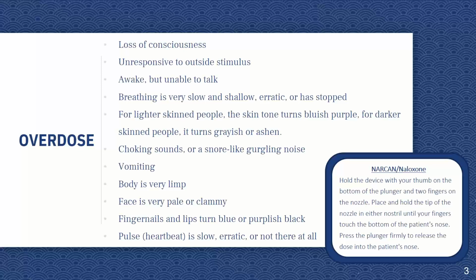Breathing is very shallow, slow, erratic, or has stopped. For lighter skinned individuals, the skin tone turns bluish or purple. For darker skinned individuals, the skin turns grayish or ashen. Again, that blood flow is slowing down, and so we're seeing the skin tone turn different colors.